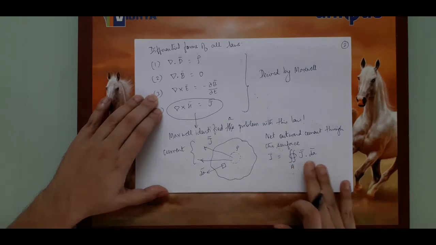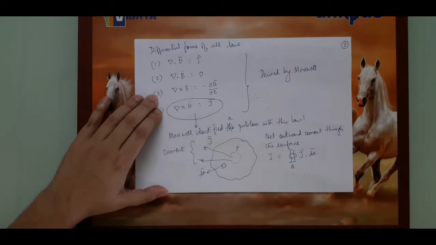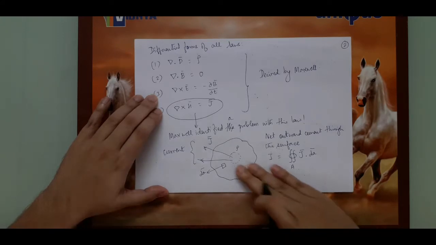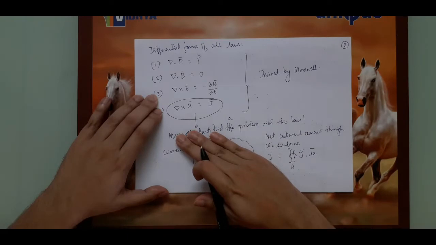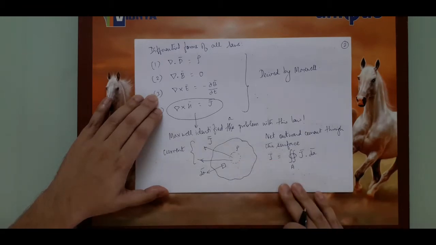So he said that if there is some current, the charges inside the surface must reduce. As simple as that. If charges are coming out of the surface, accordingly the number of charges which are causing the current must also reduce.